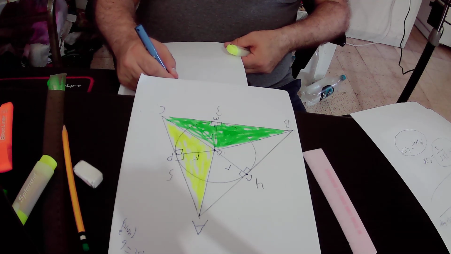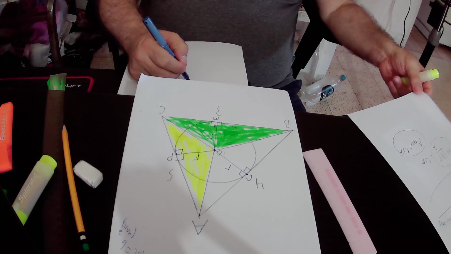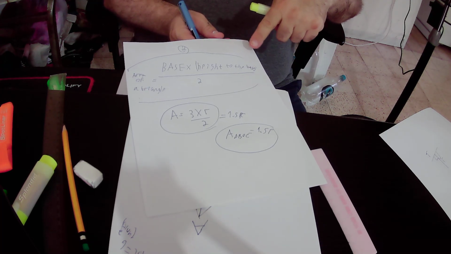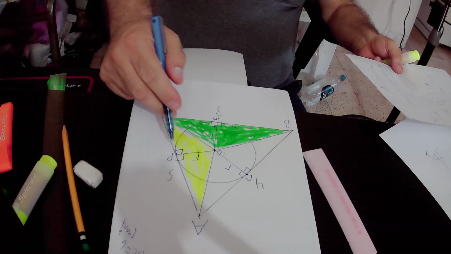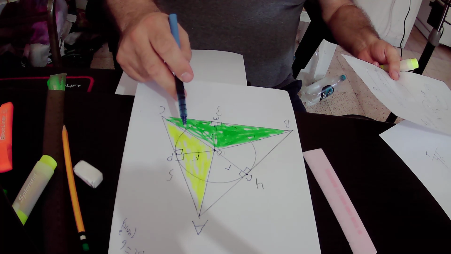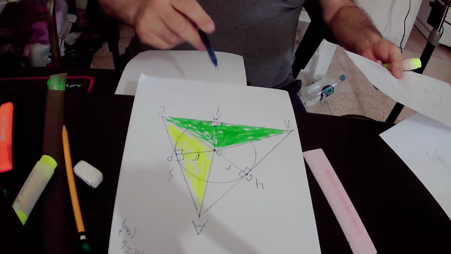So it is 5 times r divided by 2, because the area of any triangle equals the base times the height to the base divided by 2.